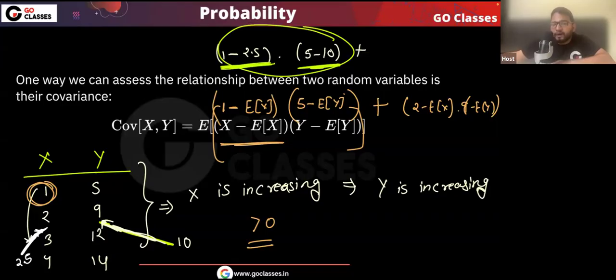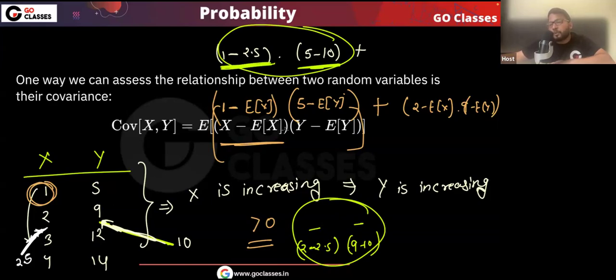Similarly, the second term will be 2 minus 2.5 into 9 minus 10. This is negative, this is negative, so the second term overall is positive. Similarly, 3 minus 2.5, 12 minus 10. So I think all the terms are positive here.